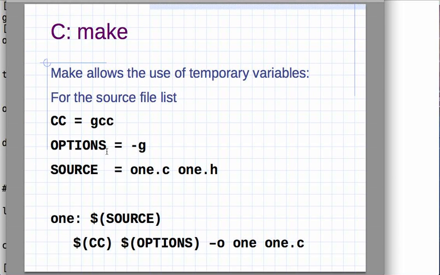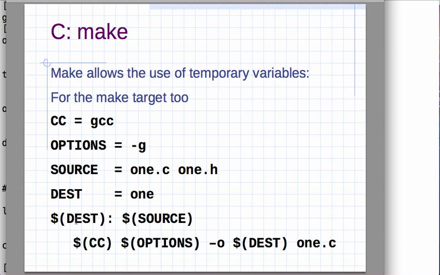You can use a variable for the source file list, for example. Let's say you have 1.c and 1.h. You can set a variable source equal to all of the source files, and then put that at the top line as $ open paren source. So this will be equivalent to putting 1.c and 1.h right in this first line, I mean in this target line. Okay. You can put in a temporary variable for the destination too.